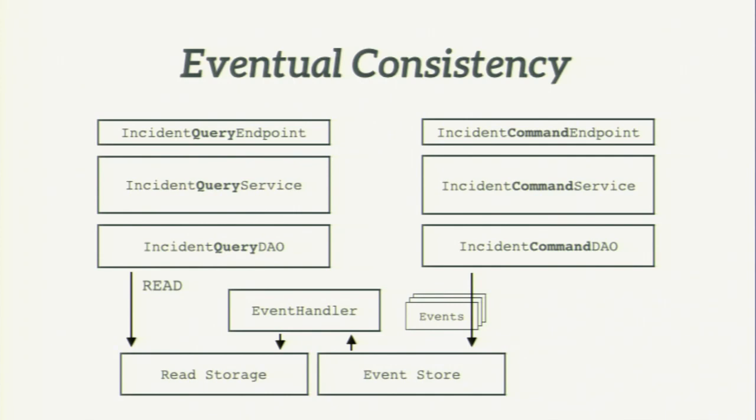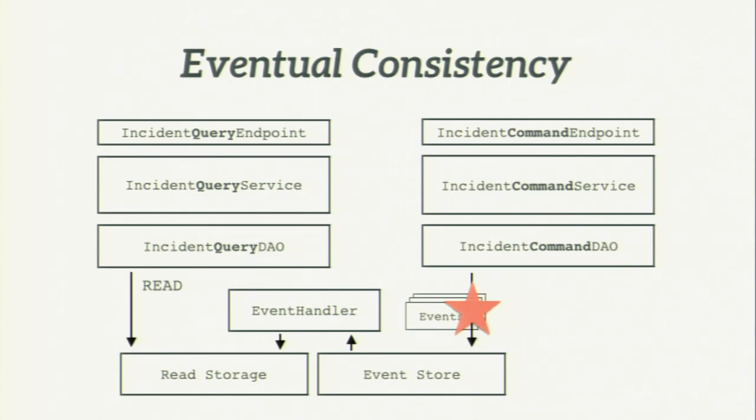And the eventual consistency can happen, for instance, when storing to the event store. If you do an asynchronous store to the event store, you might be able to open a transaction against the queue, and the queue might give you some degree of guarantee that you get stored into the event store. But if you just go ahead and do a fire and forget, you don't have any guarantee that the event ends up in the event store.